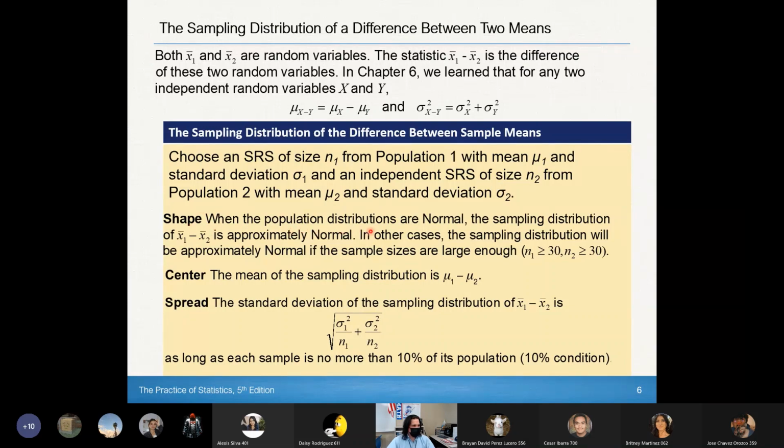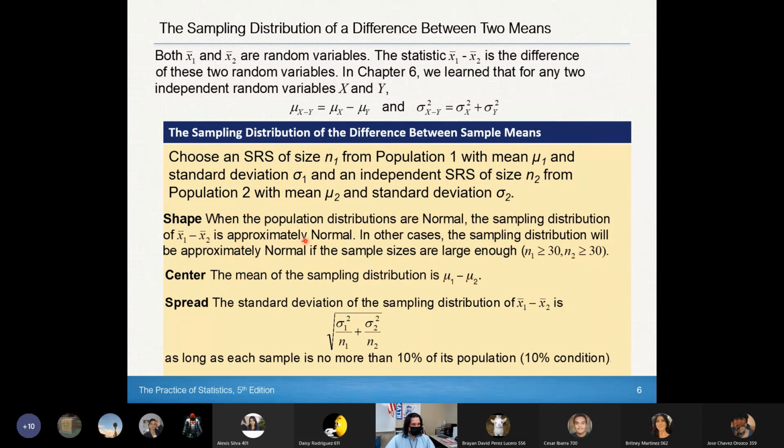When the population distributions are normal, the sampling distribution of x bar 1 minus x bar 2 is also approximately normal. In other cases, the sampling distribution will be approximately normal if the sample sizes are large enough, meaning essentially they're both greater than or equal to 30, and this is by the central limit theorem, similarly to what we saw in chapter 7.